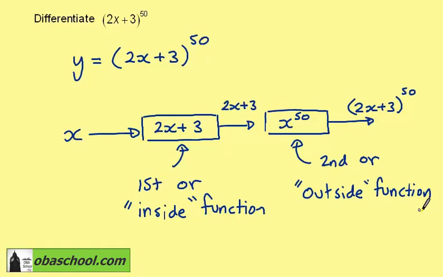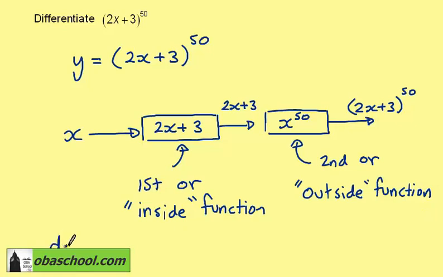If you look at the brackets above, you can see that the inside function is inside the brackets. However, this isn't the case in all examples, so one has to be a little careful. But if you think of the first function as being the inside function and the second function as being the outside function, then you can't really go wrong.